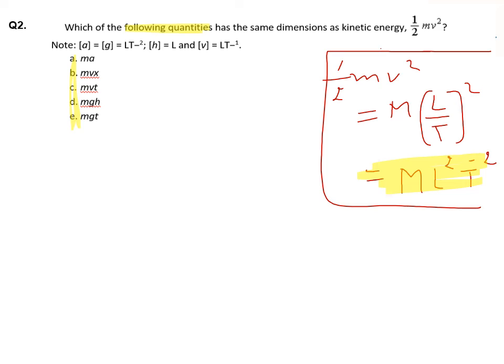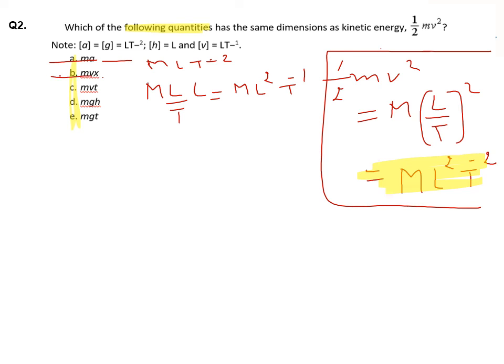If I go with the first one, this is ma, mass and acceleration. So ma means MLT⁻², right? So this is not the answer. For the B part, mvx: m, v means L over T, x will have L. So this means ML²T⁻¹.